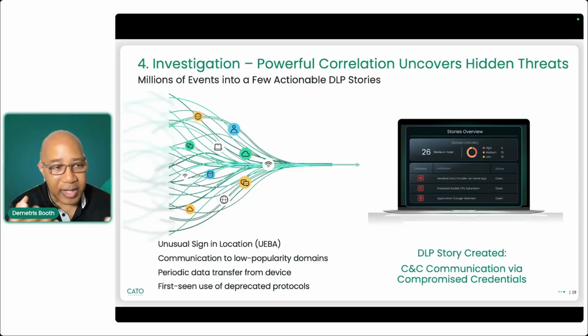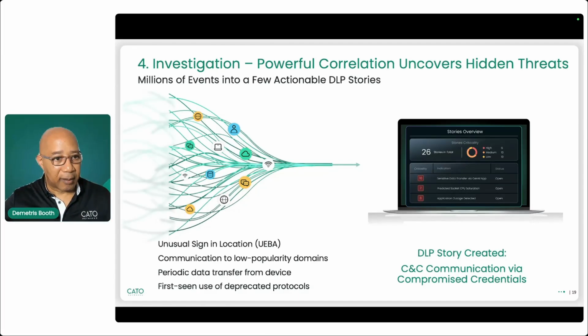We stitch all of these signals together into a single human-readable DLP story. Now you're not hunting for that needle in the haystack; you are reading the entire plot. You're looking at your C2 communications via compromised credentials and so forth. Based upon this, you can now act fast in order to remediate that particular threat.